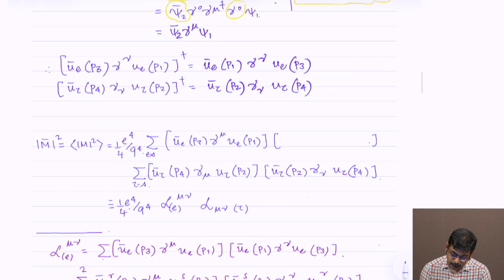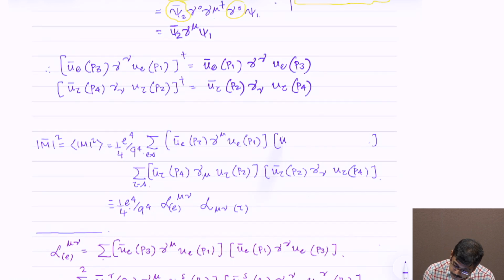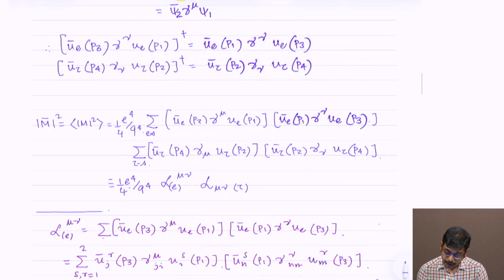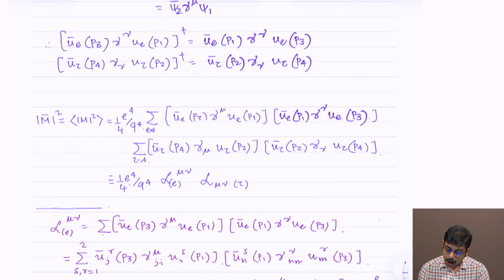So you have the original one, ū_e(p3) γ^μ u_e(p1), and the dagger of it will give you ū_e(p1) γ^ν u_e(p3). And similarly for the tau spin part, we have ū_τ(p4) γ^μ u_τ(p2) ū_τ(p2) γ^ν u_τ(p4).